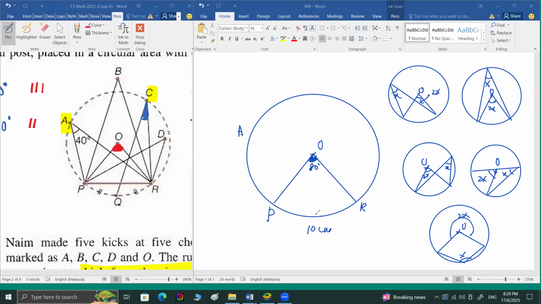But here, I get from Q to draw another one up to get the circumference there. So means this part, is it 5 cm only? Okay, 5 cm only, yeah?